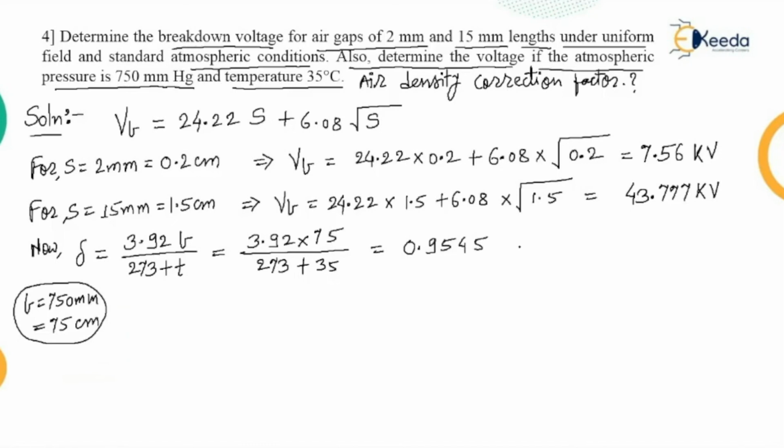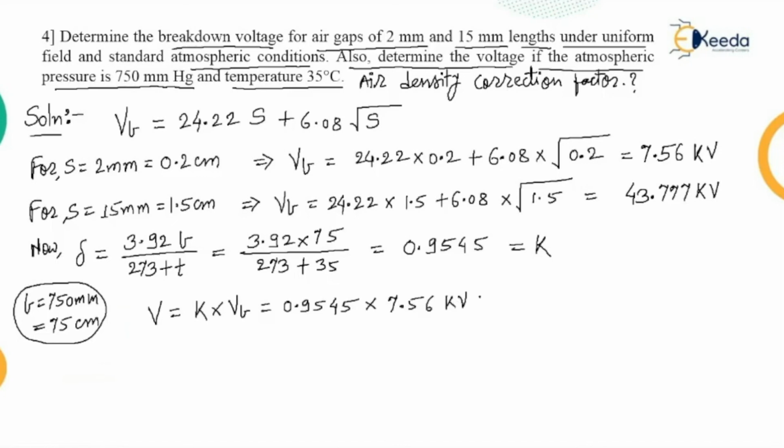Now, this value of delta is in a few books written as K, the correction factor. Therefore, the voltage can be calculated as K multiplied by the breakdown voltage we calculated. So this K is 0.9545 multiplied by breakdown voltage 7.56 kilovolt.